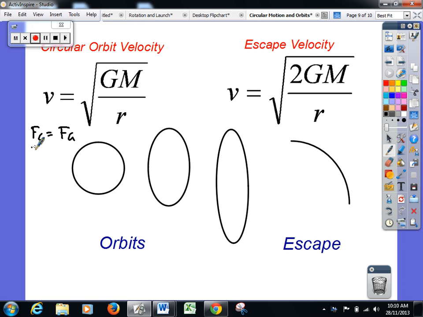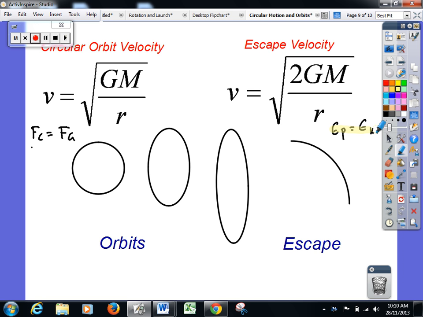In other words, the centripetal force equaled the gravitational force. This one over here, we equated EP with EK. Now remember, we got EP and EK from Newton's understanding of his formulas, the universal law.